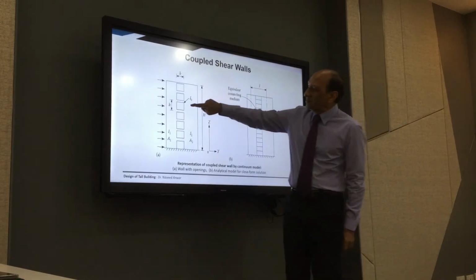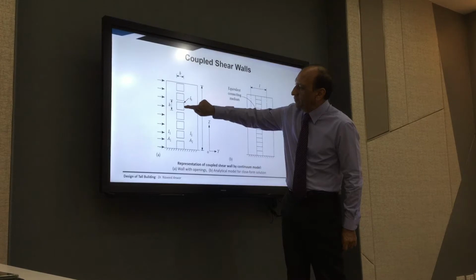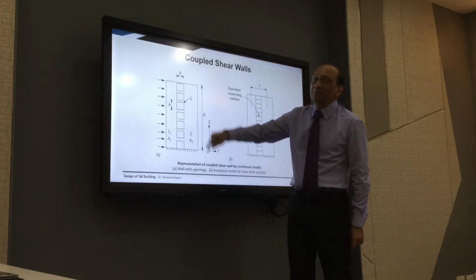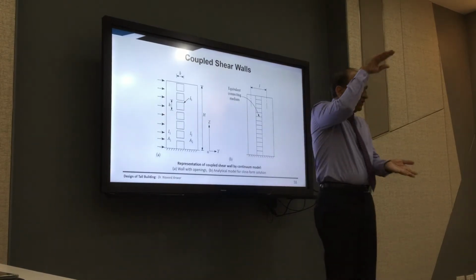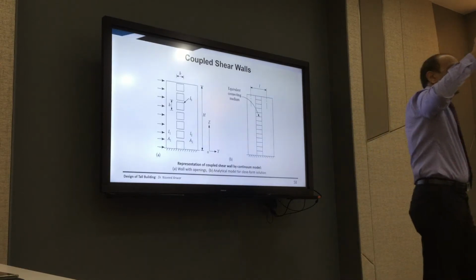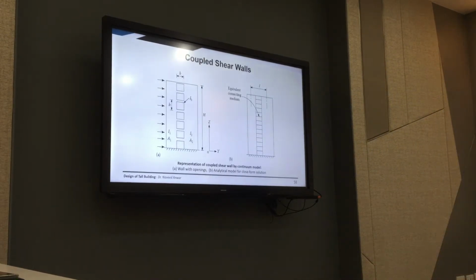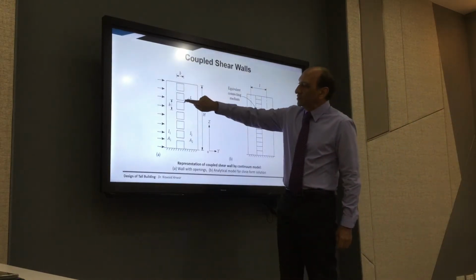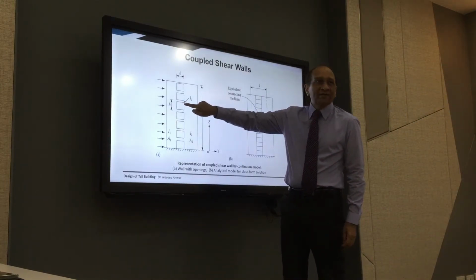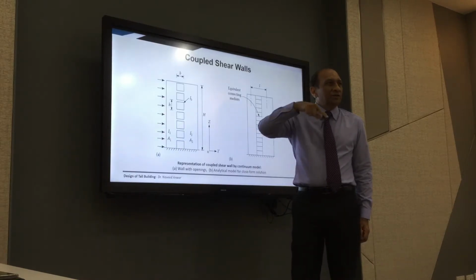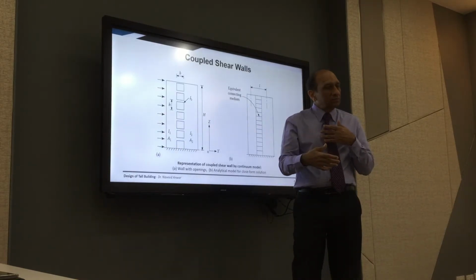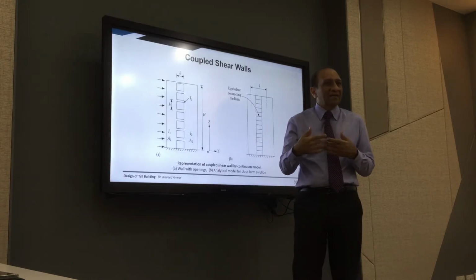So the ratio of the height of the link beam to the height of the floor is an important parameter: how deep that link beam can be. Normally, architects will not let you have large beams here because there's a door for the elevator below that. So sometimes, like I mentioned, you compromise, you bargain.